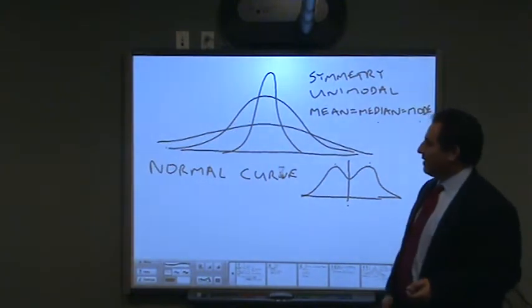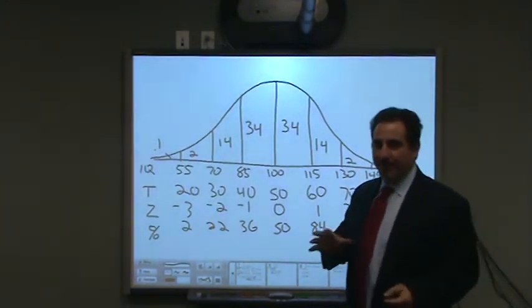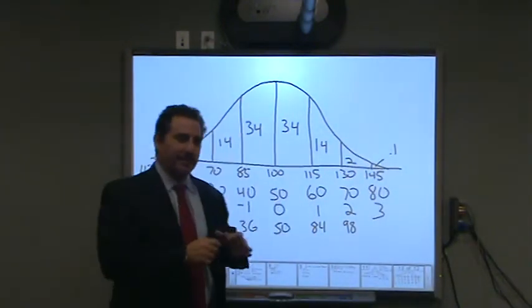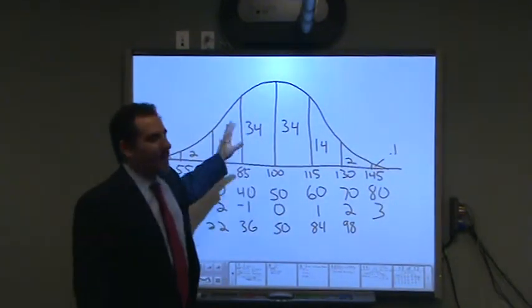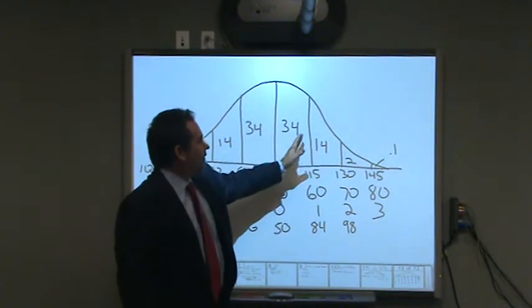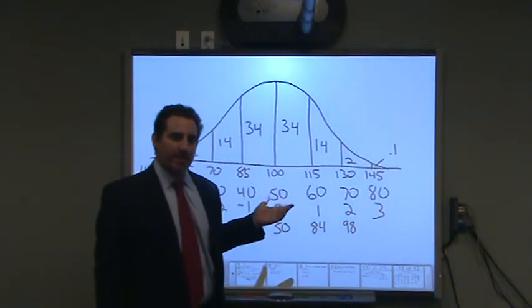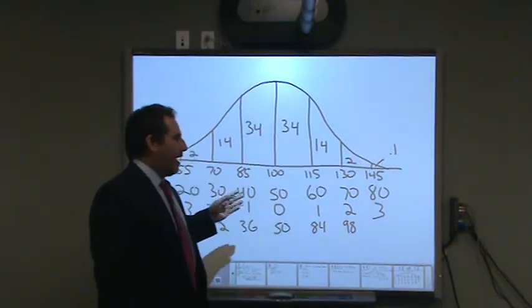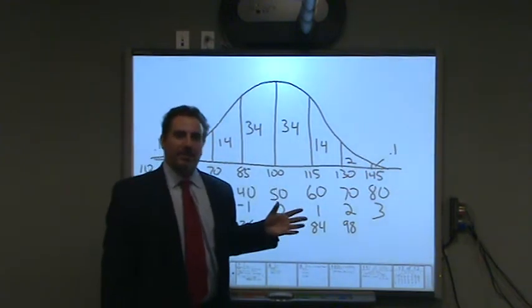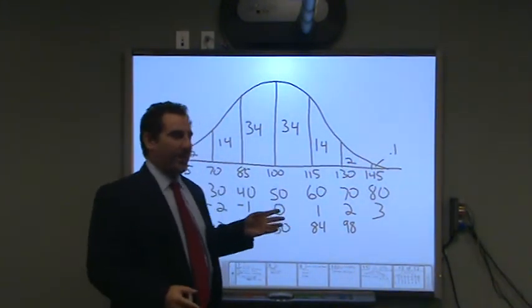The next slide I want to show you guys is really fun. Just take a look at this, and you'll see that what I've done is I've sliced up a normal curve with a number of lines. Each line indicates a standard deviation from the mean. Okay? I thought I'd get us started with this conversation by talking about the IQ test, the WAIS IQ test.